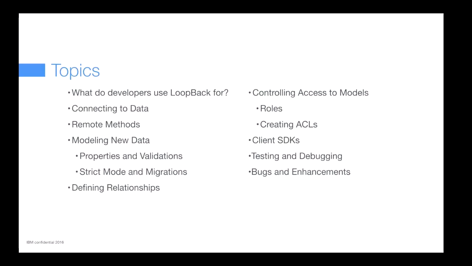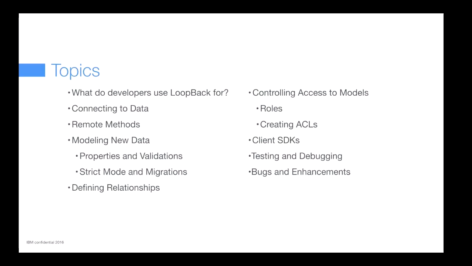First, we'll go over a basic use case for LoopBack, so that even if you might already be familiar with this, it's good to set some context. So we're talking about the same things, and it's clear why people use LoopBack. And in some of the other things I'll go over, I'll use some of these examples.